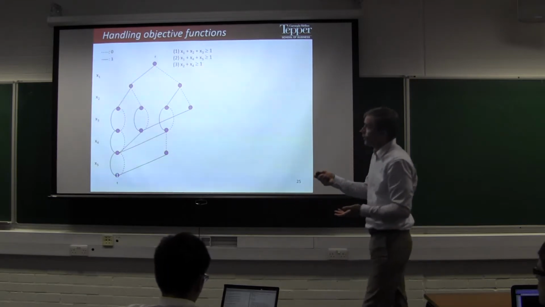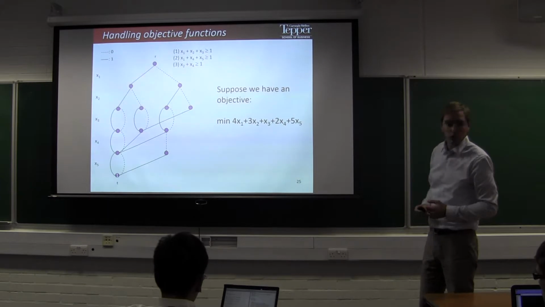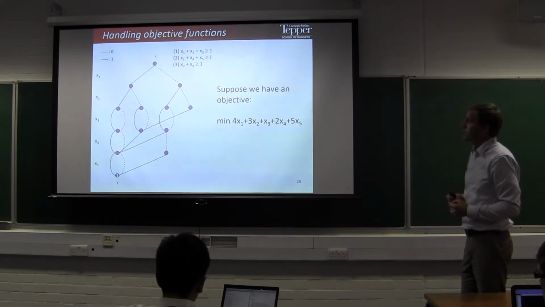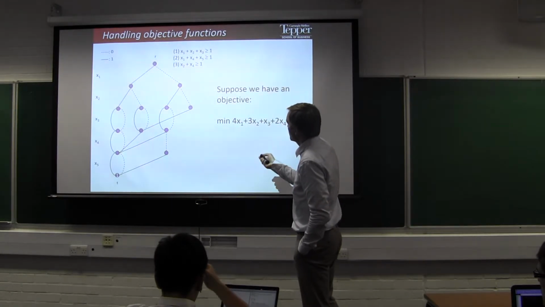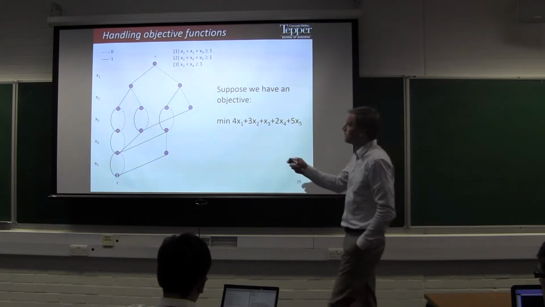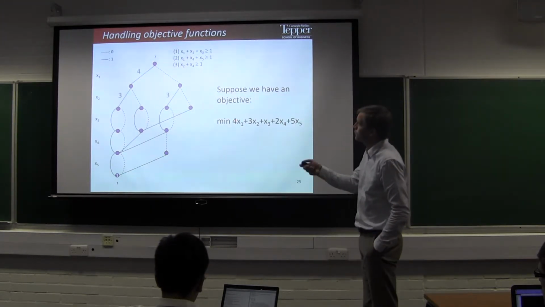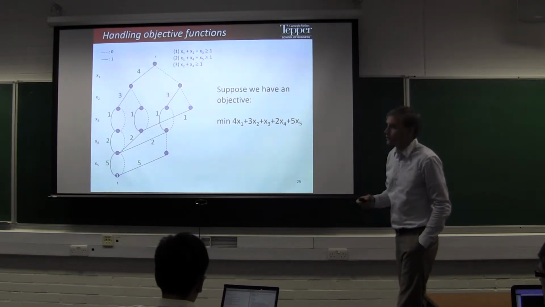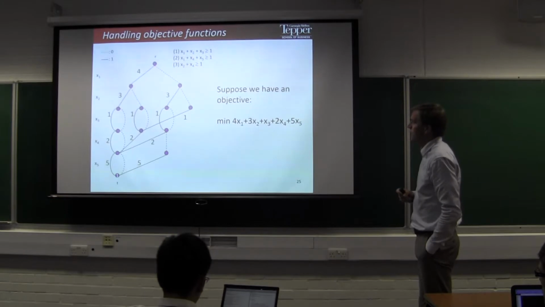Suppose you have an objective function on top of this set covering problem, maybe like this, very simple weighted sum. What you can do is you can associate with every edge here a cost, representing the cost of the corresponding variable assignment. So if I would assign x1 1, I would incur a cost of 4, so I get a 4 on that arc. I get a 0 on that arc, and I omit the zeros here for clarity.